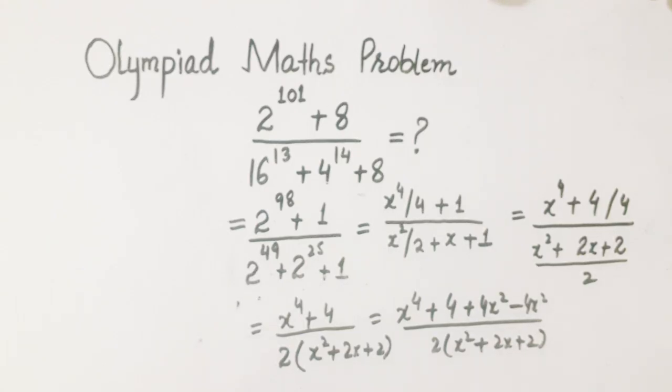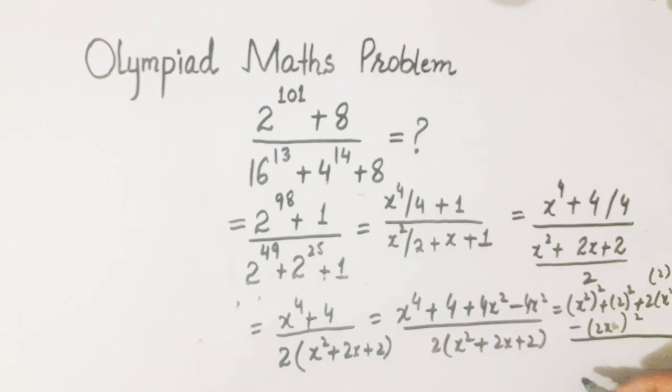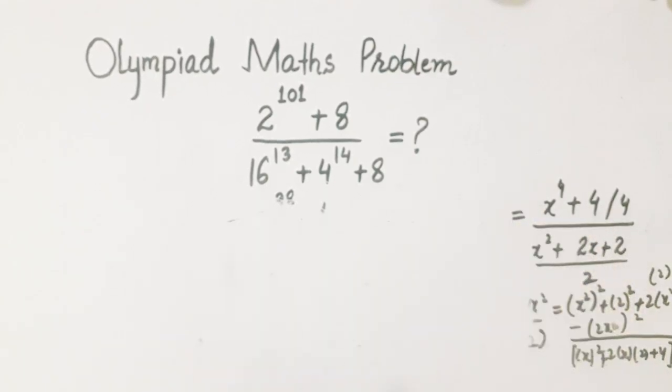So we get x to the power 4 plus 4 plus 4x square minus 4x square. Here x to the power 4 is the square of x square and 4 is the square of 2, and 4x square can be written as plus 2 into x square into 2 and minus 4x square.